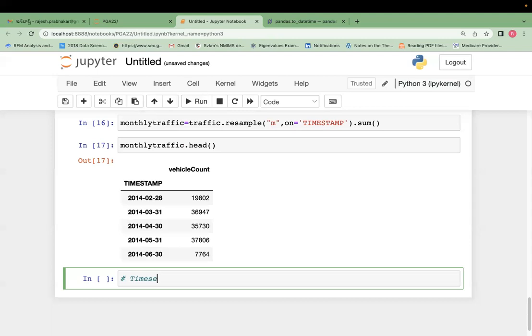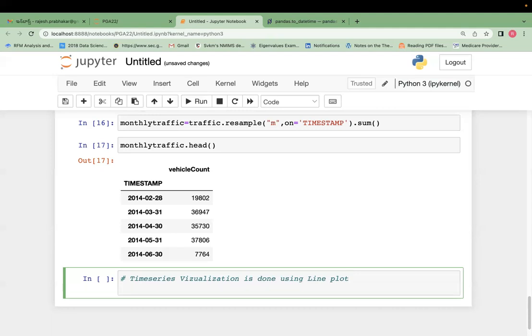So time series visualization is done using line plots. We use line plots for time series visualization. Hourly traffic dot plot, kind is equal to line.